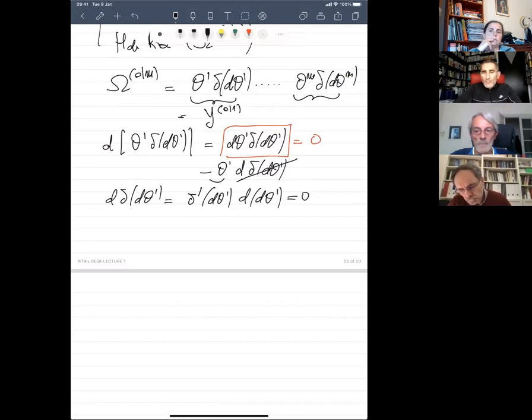So d for me is an anti-derivation, an anti-commuting operator, and theta 1 is again an anti-commuting variable. Of course, you can also do it the other way, keeping the difference between the two.